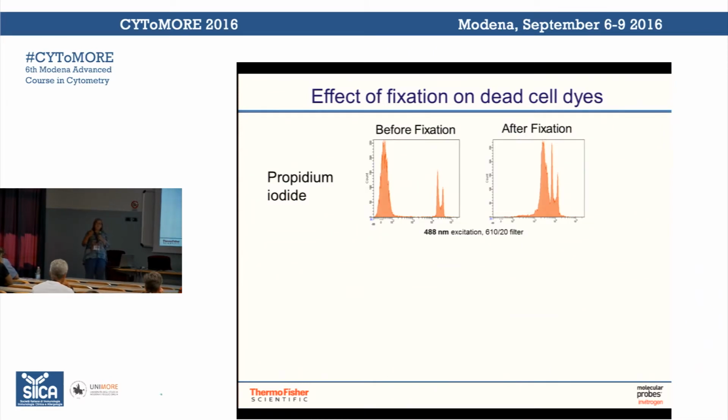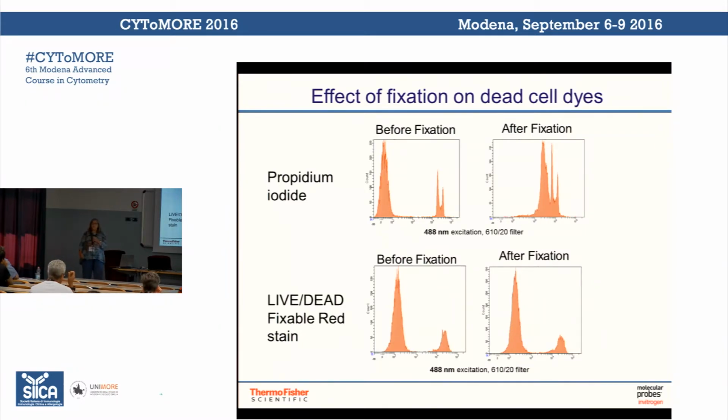And you have to understand that DNA binding dyes are not covalent. It's a fairly weak interaction, so it is affected by the concentration in the buffer. So that's where these live dead fixable stains are really great, because before and after fixation, you should be getting the same answer.